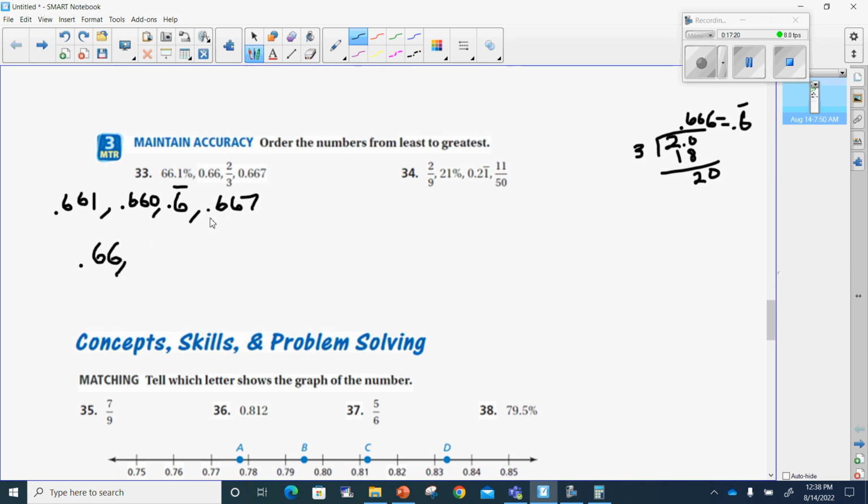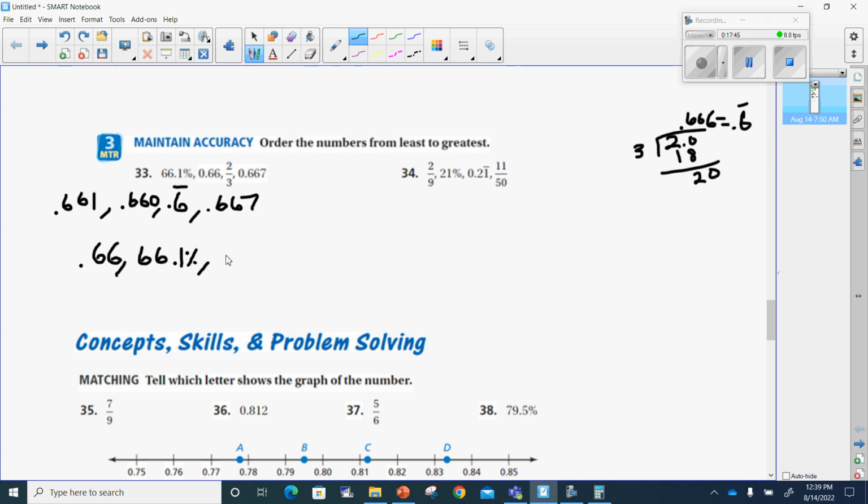Next, I'm going to say 0.661 because 0.661 is less than 0.6666 and it is less than 0.667. So the next one is 66.1%. Remember, we have to write it in the form that it's shown in the problem, not the answer that we got when we turned it to a decimal.